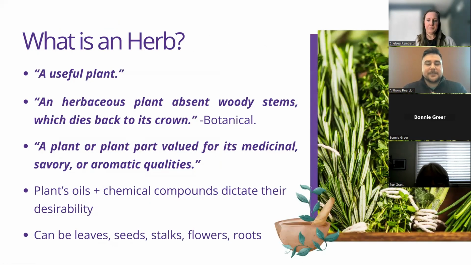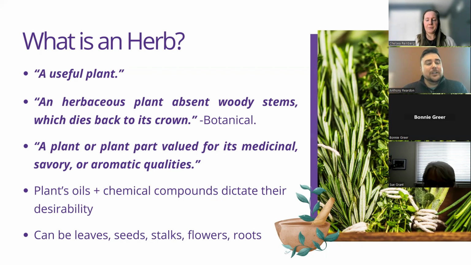So first thing is first, let's define an herb, right? So what is an herb? The thing about herbs is you look up the definition and you can find numerous completely varying definitions. But essentially, it's a plant that has a useful property, right? It's a useful plant.